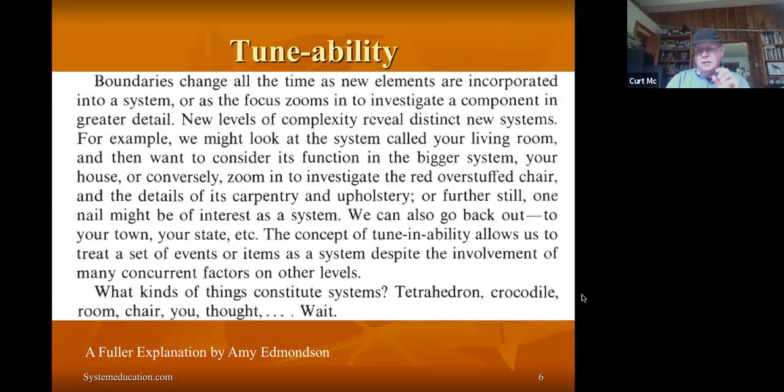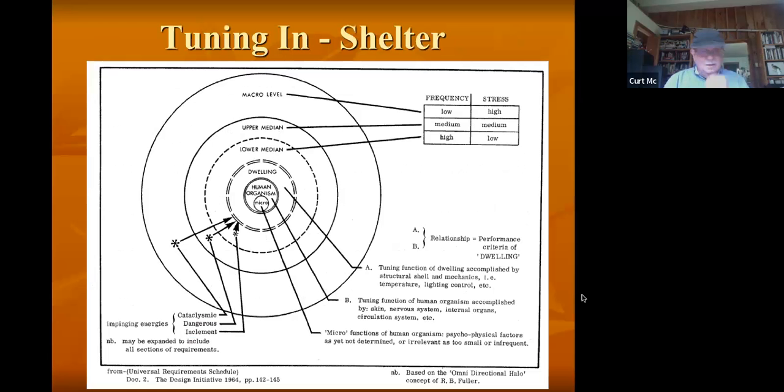So Bucky emphasized this in several ways. This is from an essay, I'll call it, Requirements for Dwelling Advantage, and it's in one of the World Design Science Decade documents. Here is an example of how he tuned into thinking about shelter. The double dashed line in the middle is where he's looking, and he said that's the dwelling.